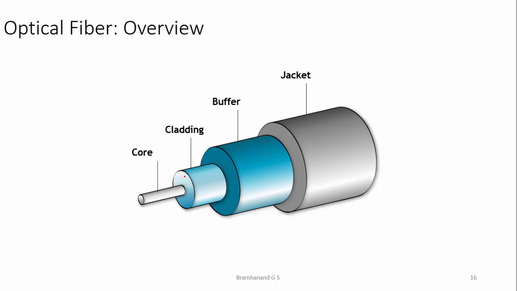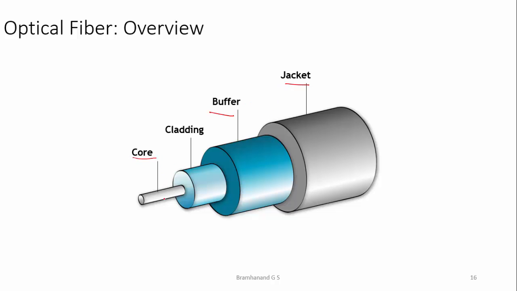Optical fiber is the media for communication between my optical transmitter and receiver. This is a typical representation of my optical fiber, which will have core, cladding, a buffer and the jacket.